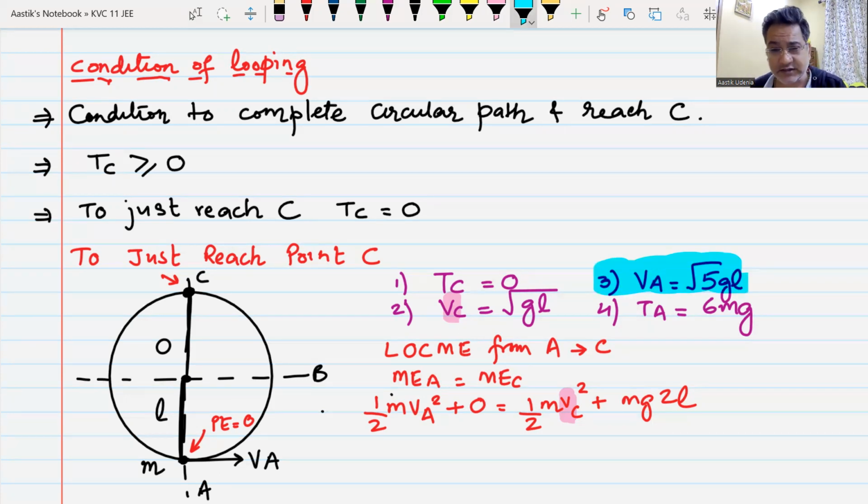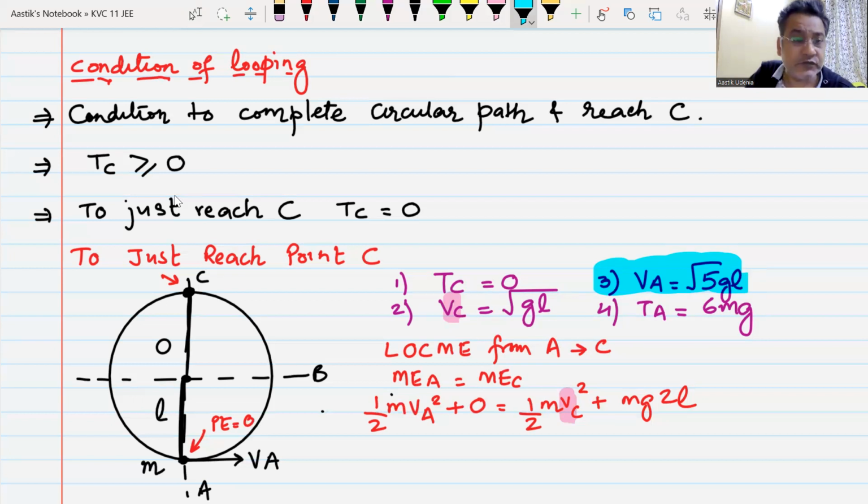If the velocity at the lowest point is root 5 GL, the particle completes the loop.